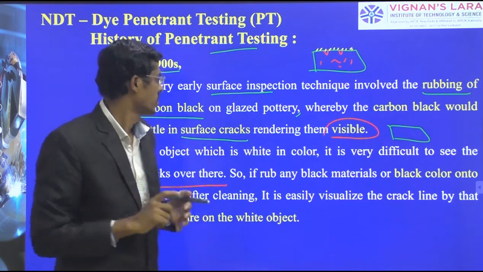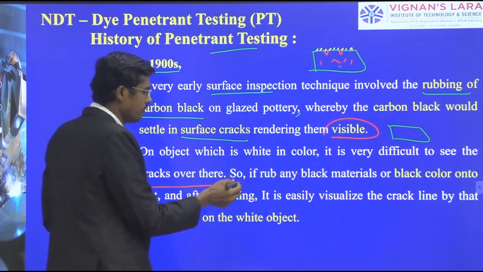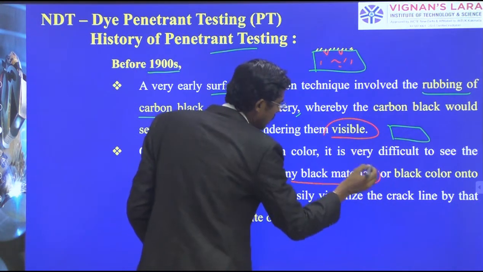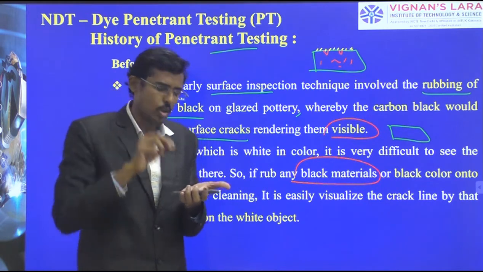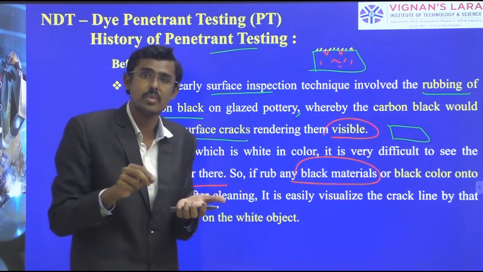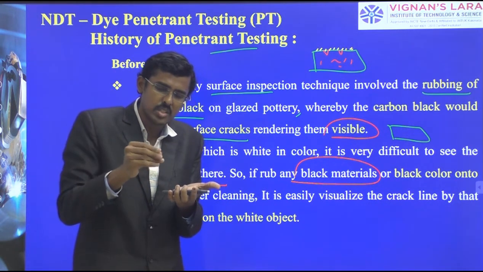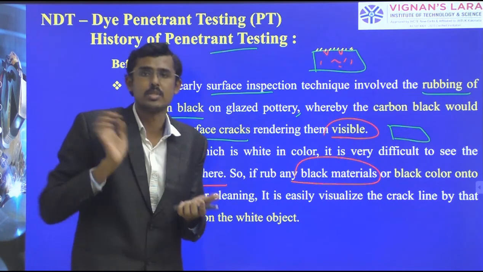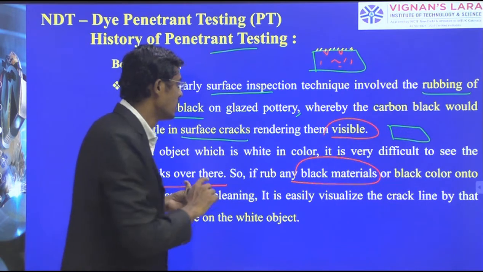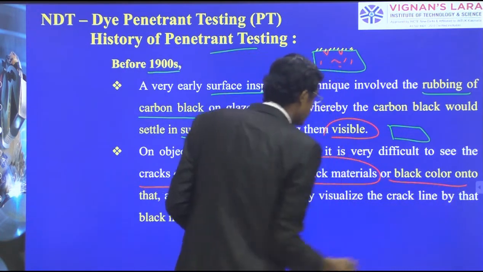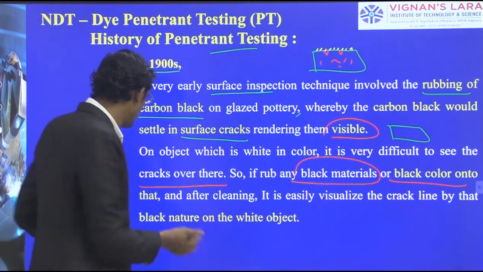Therefore, if I take a carbon block and rub it on the surface, what happens on the crack? This rubbing mixture will fill those gaps. So this idea they used in the 1900s.